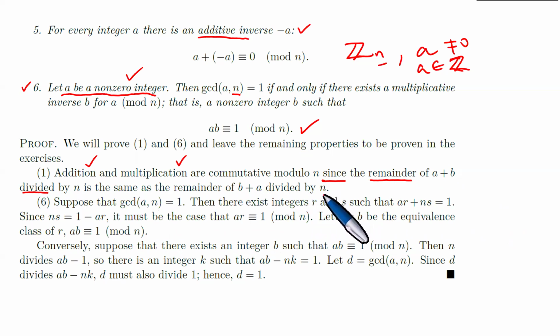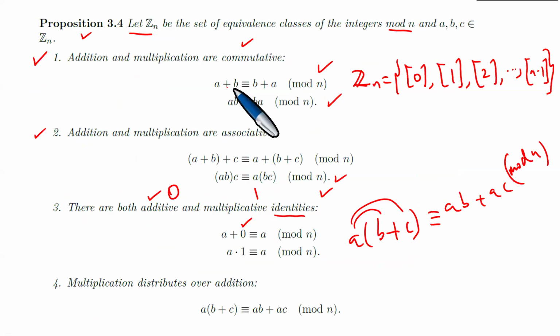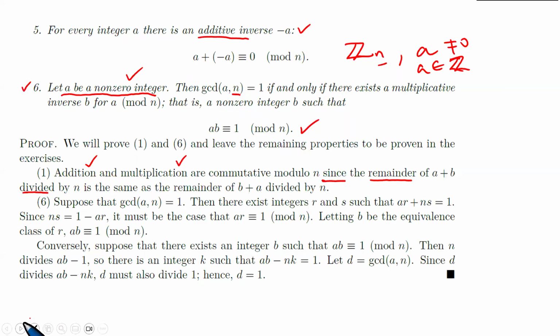Did the author prove 1? Not in full, because 1 is about both addition and multiplication. You can see a plus b must be b plus a modulo n, and ab must be ba modulo n, but the author of the book did not show that, because there's no ab.